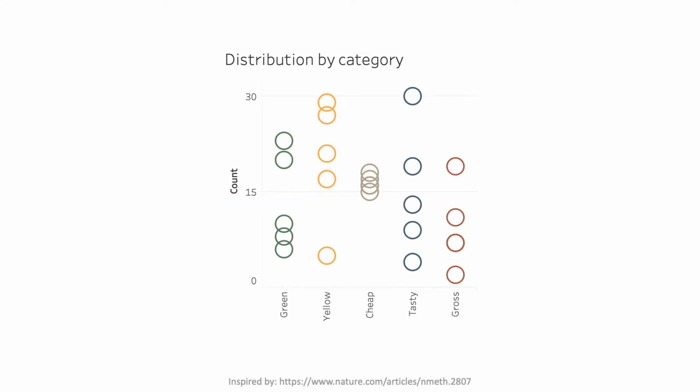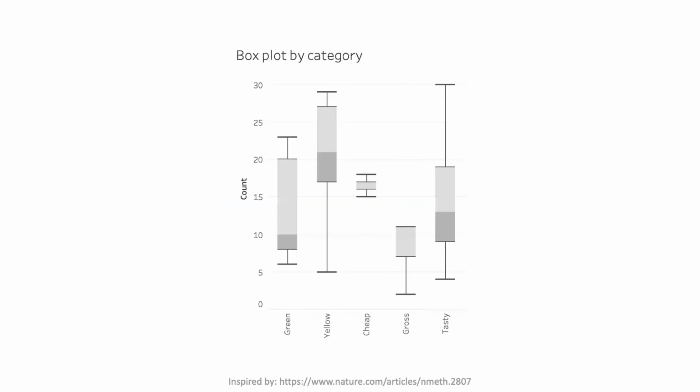You can do random jitter if there's a lot of them. But it's really easy to see here that the cheapness is a much tighter distribution than the other variables. Okay, that comes across. If we had a lot of values, we might go to something like a box and whiskers plot, something that summarizes the distribution rather than showing all of the individuals.